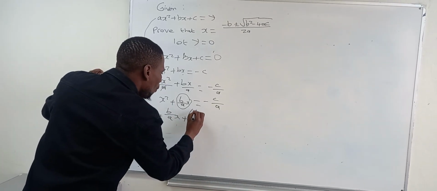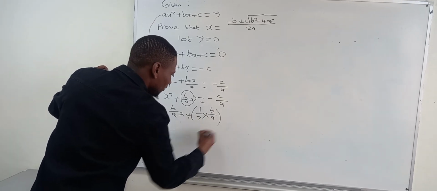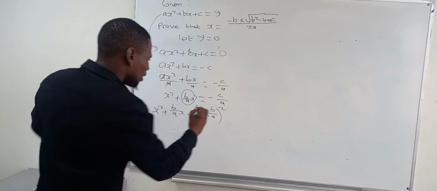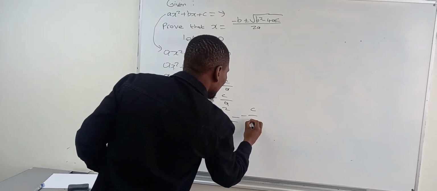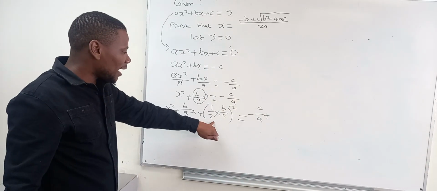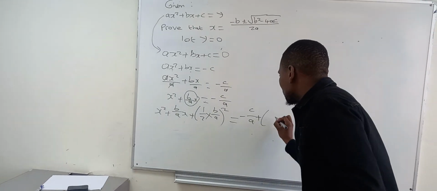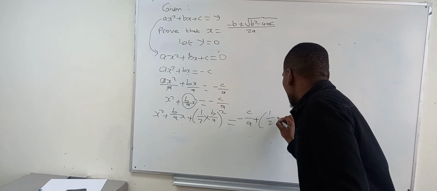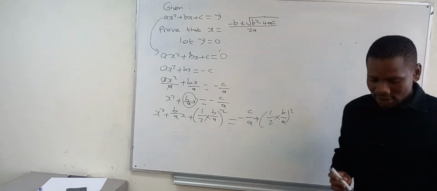It will be 1 over 2 multiplied by b over a, then you square it, which is equal to minus c over a plus, because we added half of b over a squared, we make the same thing on the right hand side. So we'll be having 1 over 2 multiplied by b over a, then everything we square it.